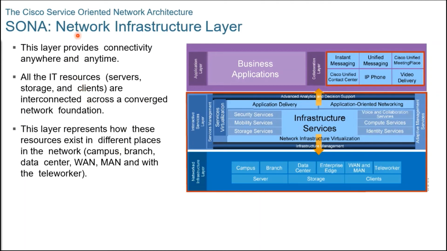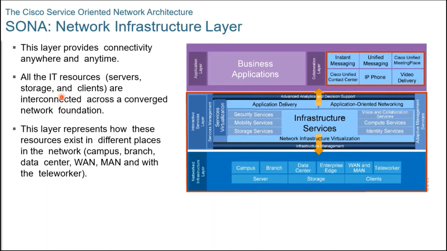Network infrastructure layer. So this layer provides connectivity anywhere and anytime. So where all the IT resources are interconnected across a converged network foundation. So the IT resources include servers, storage, and clients.